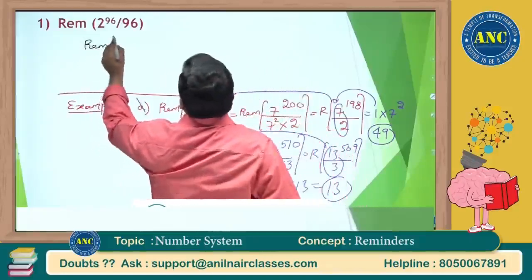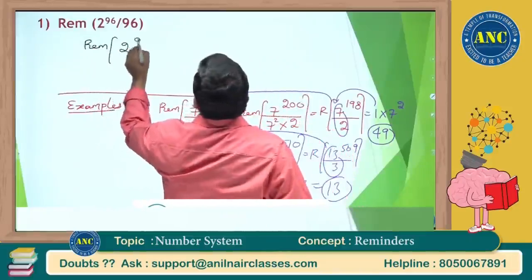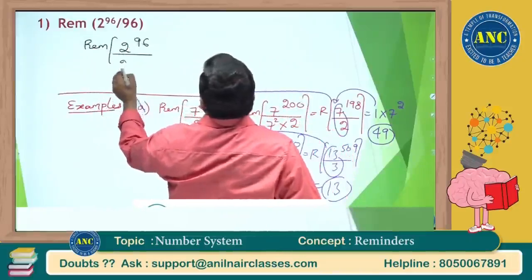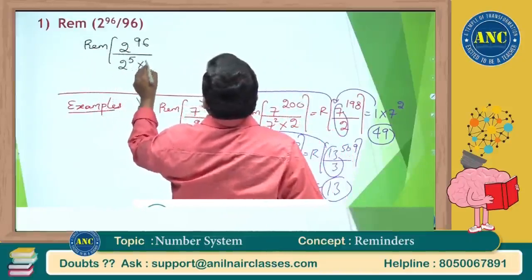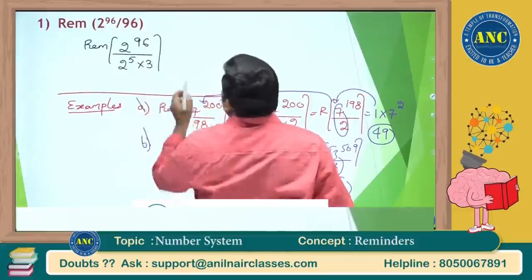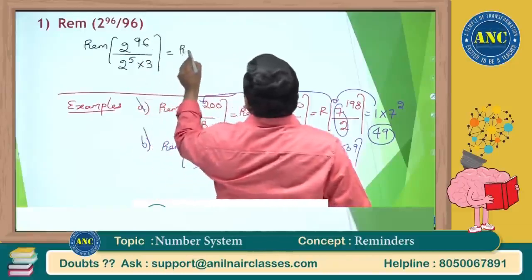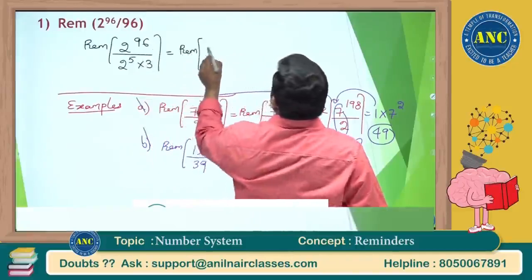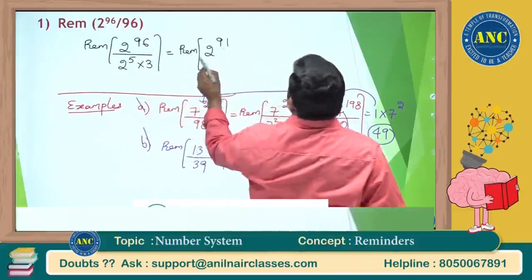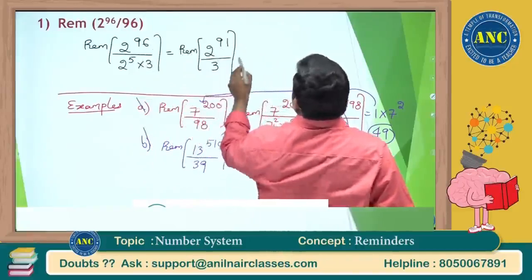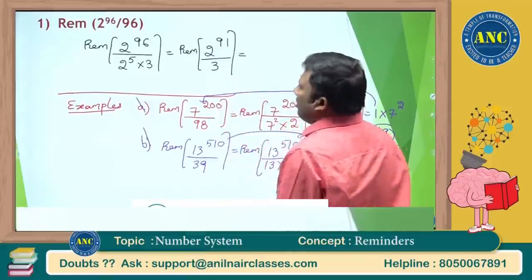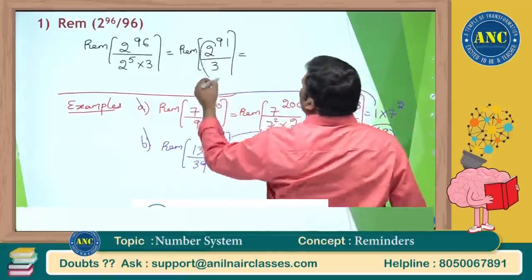Remainder of 2 power 96 divided by 96. 96 is 2 power 5 into 3. 32 threes are 96. 96 minus 5 is 91. 2 power 91 by 3. 3 ones are 3.